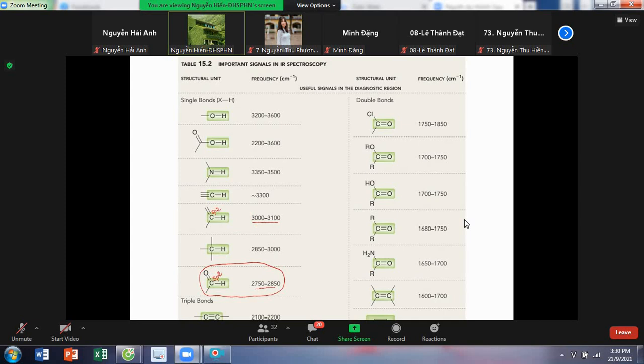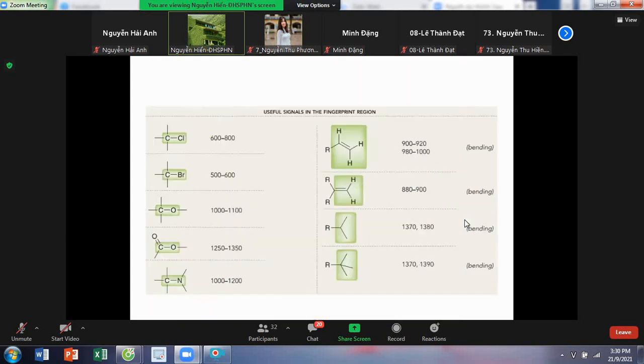Okay, and then you have a double bond, a triple bond, and then double bond regions. For fingerprint, really we will not talk about this.